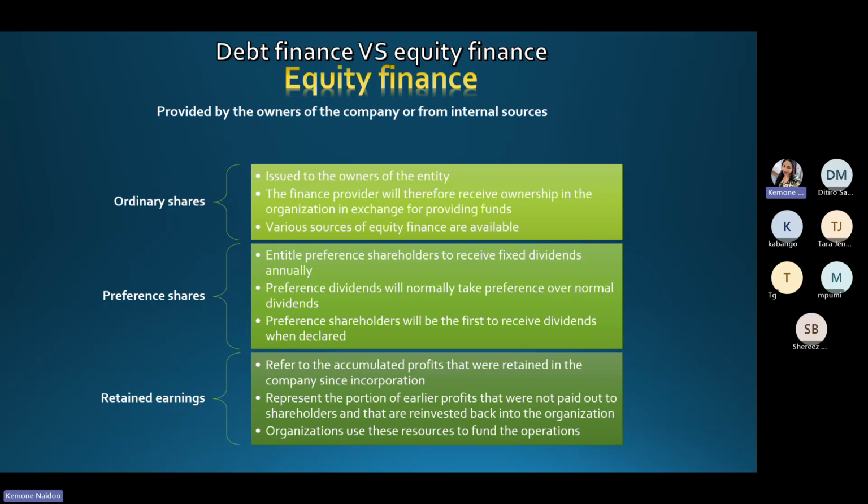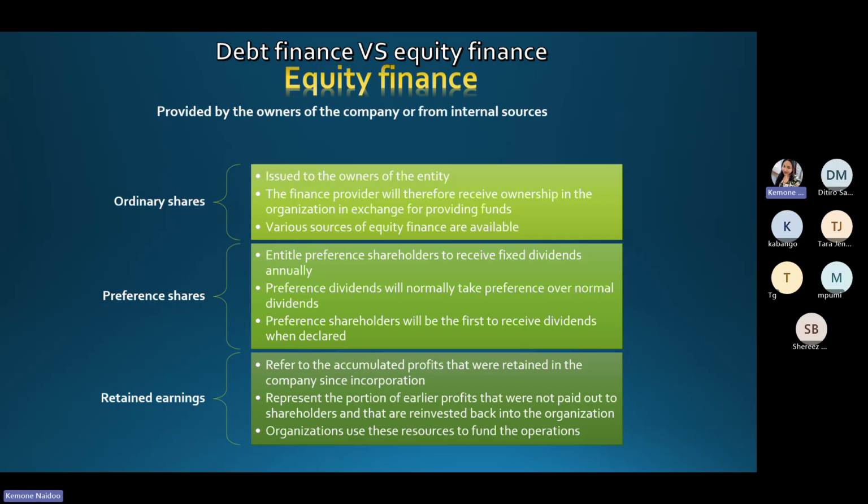Preference shares is usually where shareholders receive fixed dividends. They have bought shares and invested into the company, so they have preference over other shareholders that don't have a fixed dividend contract with the company. They have a specific amount that they are paid out for their investment, and this is usually done as soon as your dividends come in, these shareholders will be paid out.